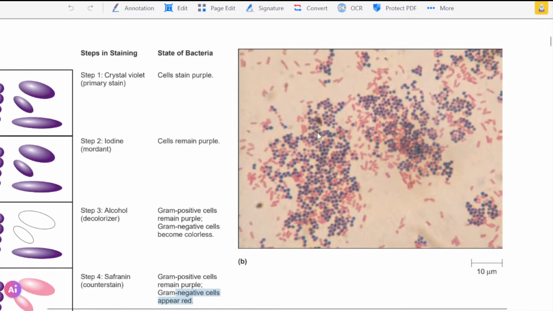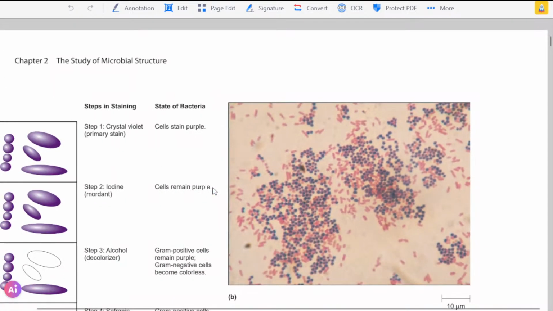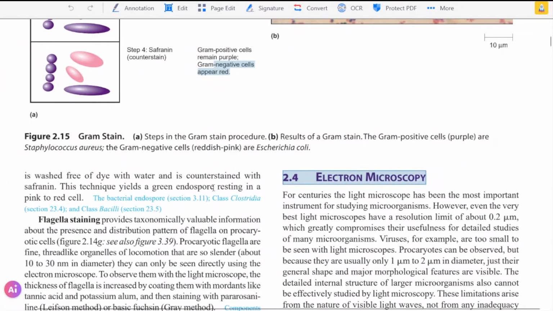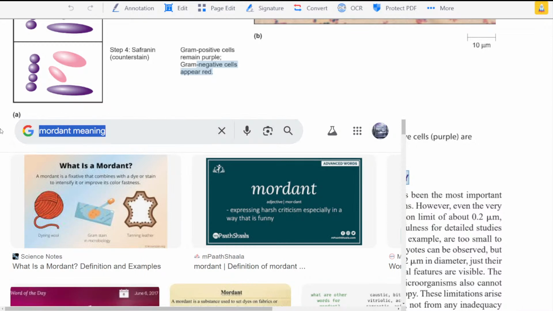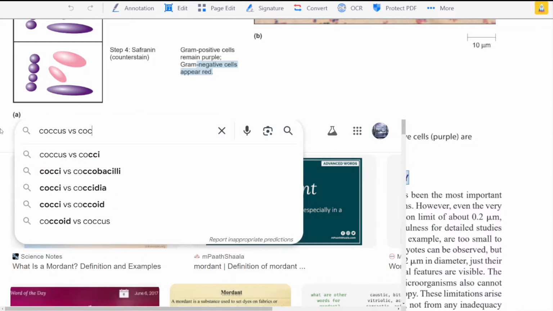And this is how you see, look, purple. This is the coccus bacteria, cocci, I think. Coccus is singular, cocci is plural, or am I talking the opposite way? And these are the bacilli, no, these are the bacillus, right? They are singular. Bacilli, what's wrong with my brain? Coccus versus cocci.